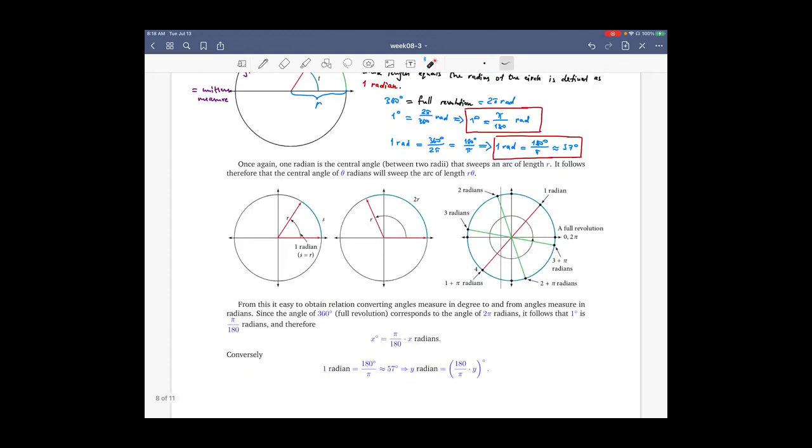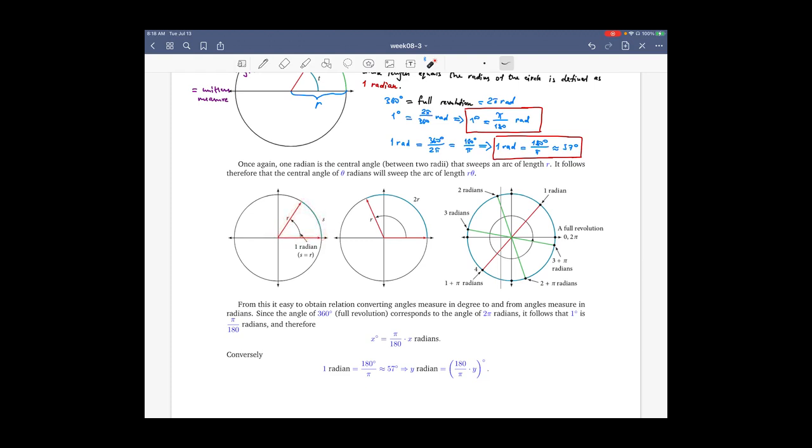So once again, 1 radian is the central angle whose vertex is at the origin, where we have a unit circle, not necessarily unit circle, a circle of radius r, centered at the origin, such that the length of the arc subtended by this angle equals the radius of the circle.